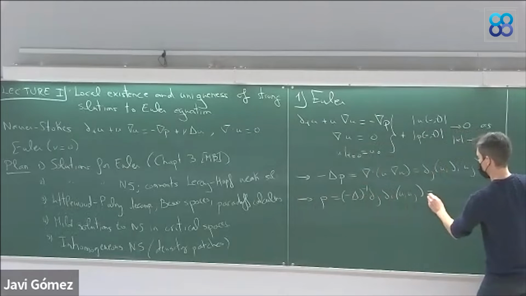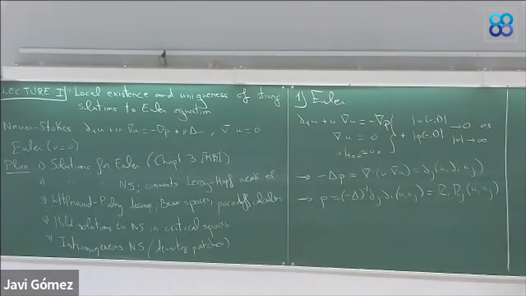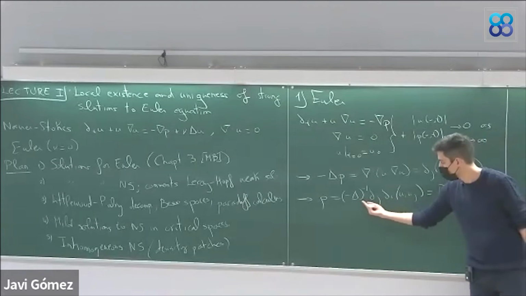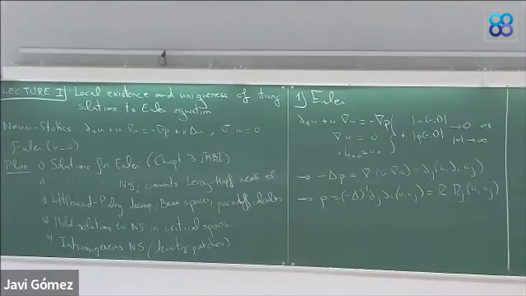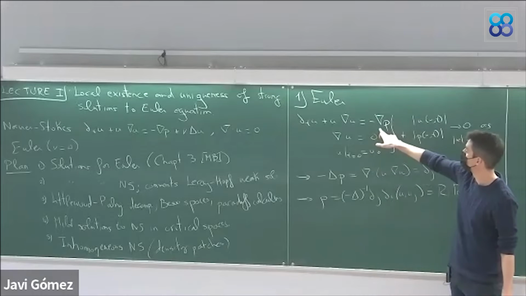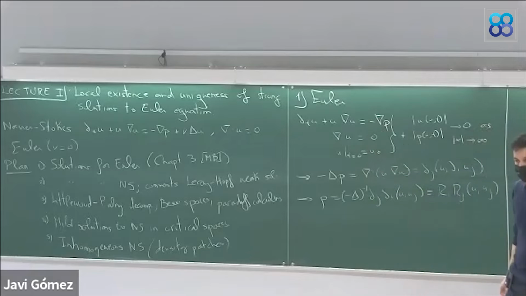Okay, so the pressure is given by the double Riesz transform of the product of the velocity. The Riesz transform is just a Fourier multiplier of order 0 that we can see here. Now I'm going to put back this expression into the Euler equation and obtain a formulation without the pressure.